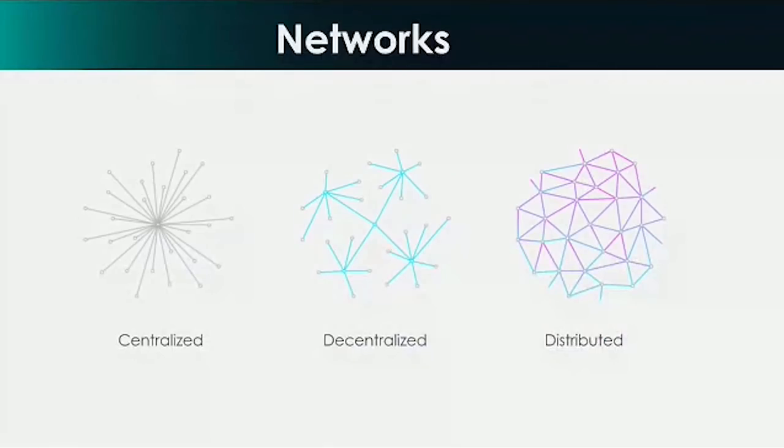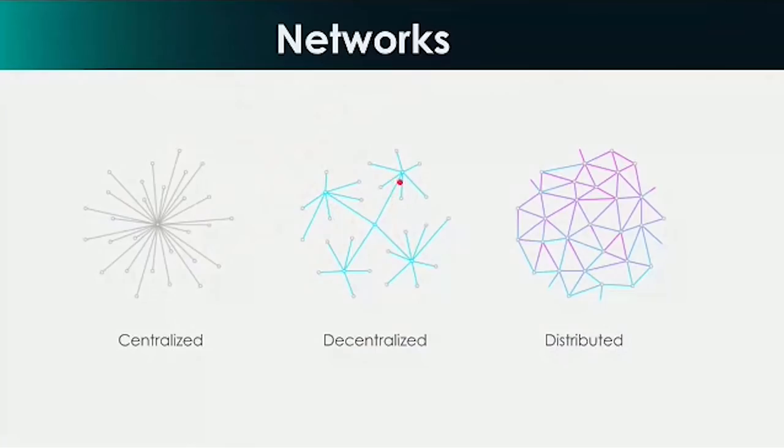So it may also be useful to understand the basics of networks. A centralized network is what most people are familiar with, where you have a big server that, for instance, hosts a website, and then all of these different nodes can connect to that centralized service, whether it be a website or something equivalent. A decentralized network is where you have multiple servers that may or may not connect with each other, and they have individual servers to themselves.